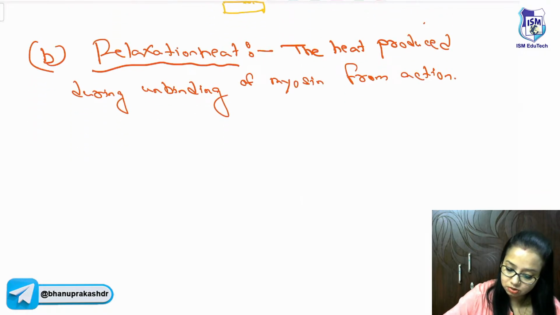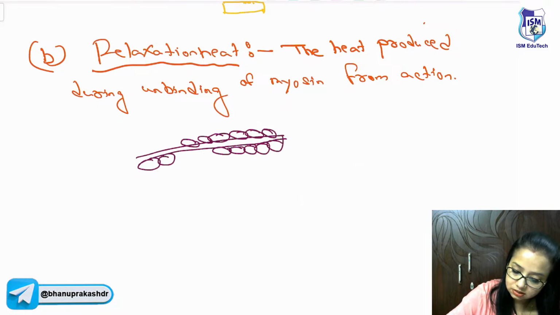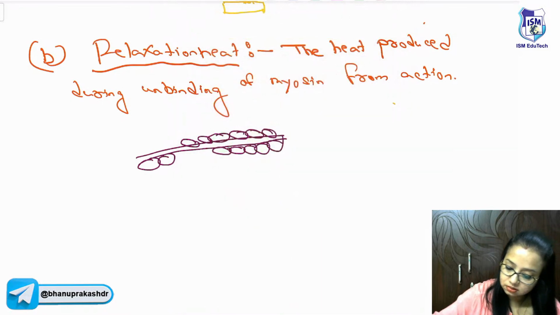Again, if I have to draw this one for our revision purpose, what it stands out to be after the contraction is over, the myosin head is pulled away from the actin.